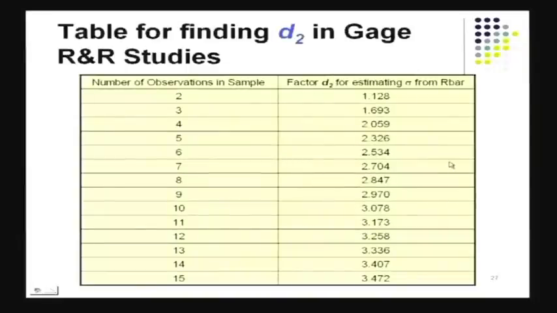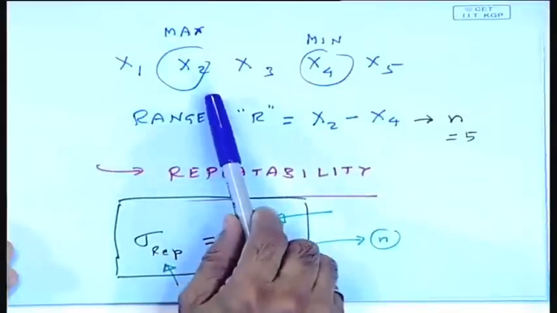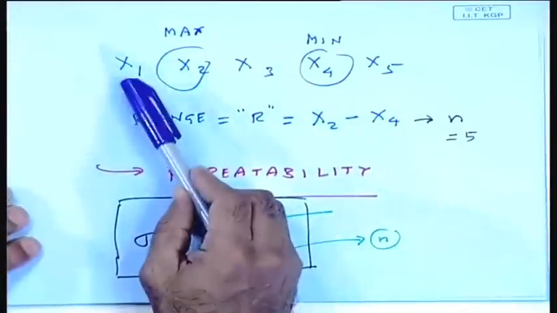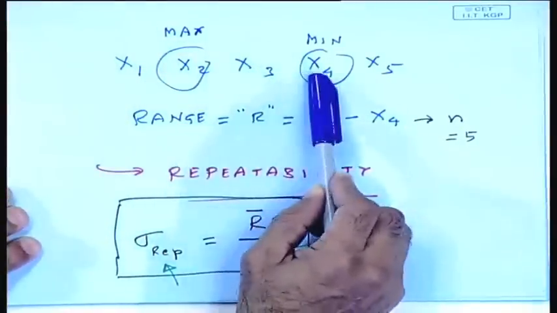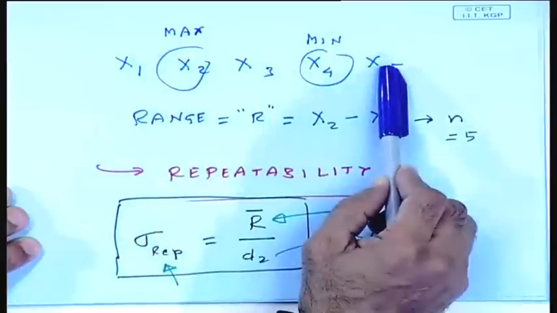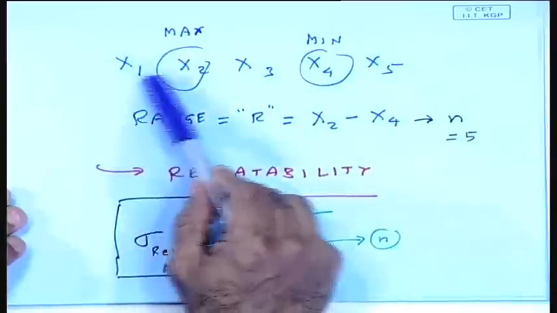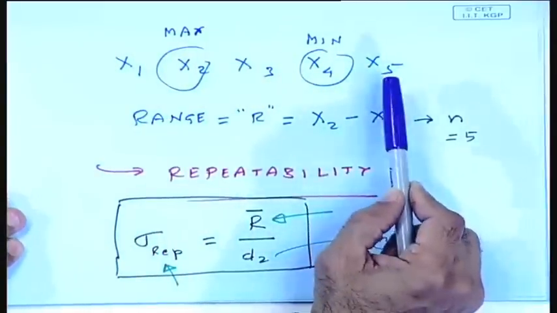When I do that, I actually have a table, showing the number of observations in a sample. What is a sample? Like in the diagram I was showing you, x1, x2, x3, x4, x5, there are 5 measurements there. Therefore, the number of observations I've made here is 5. N is equal to 5.